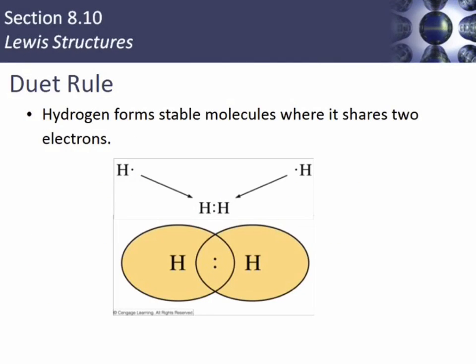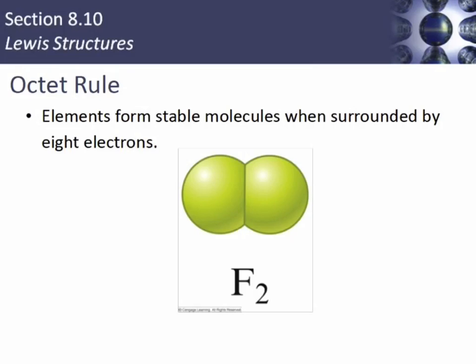So the first thing you need to know is that there's the duet rule where hydrogen wants to have 2 electrons to make it happy. And then we have our octet rule where we want to have 8 electrons to make those atoms happy. And then we'll talk later about the exceptions that don't want to have 8.